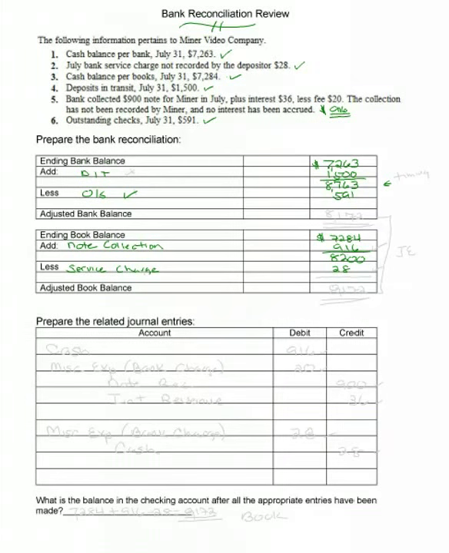The answer then is 8172, and outstanding checks would be deducted from the bank's balance.